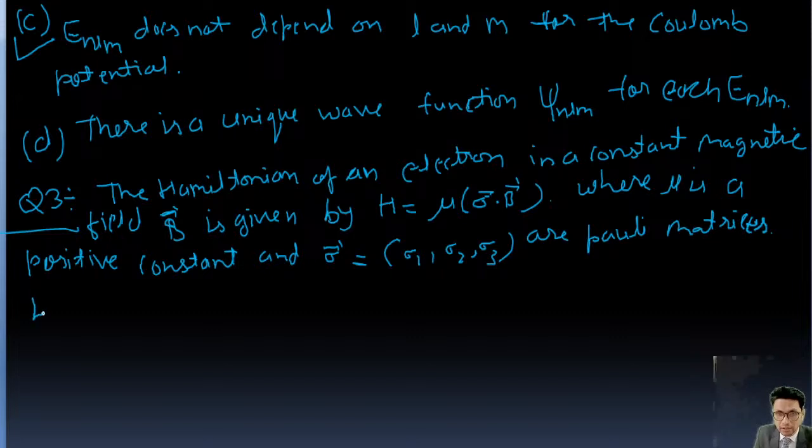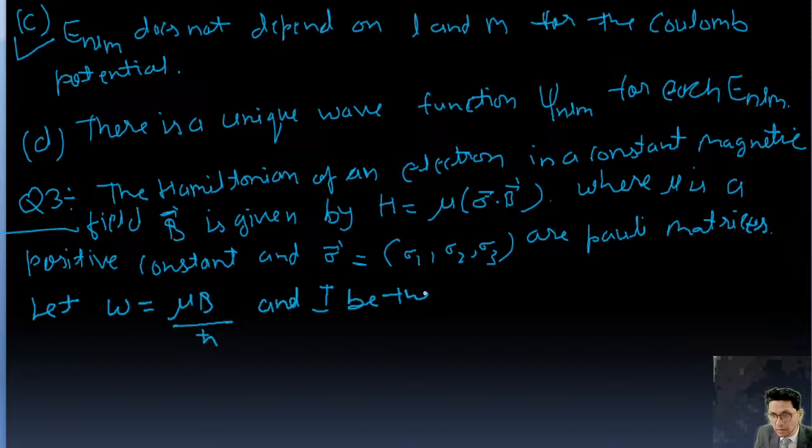Okay, let omega equal to mu B upon h cut, and I be the 2 cross 2 unit matrix.